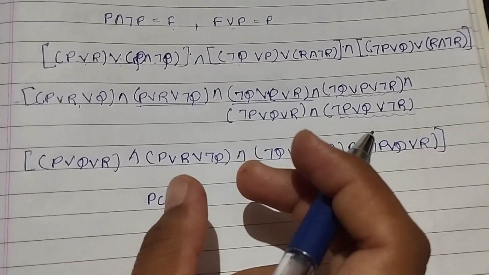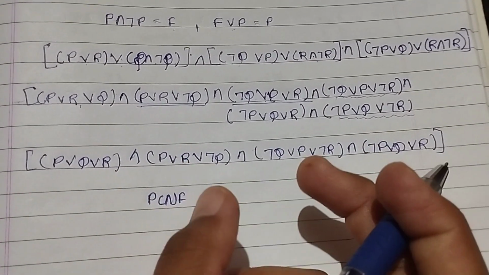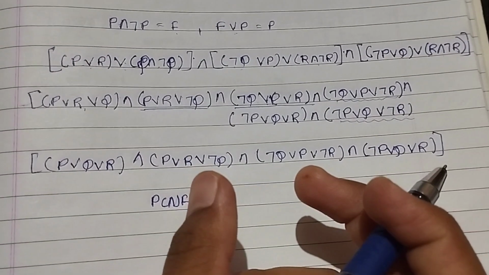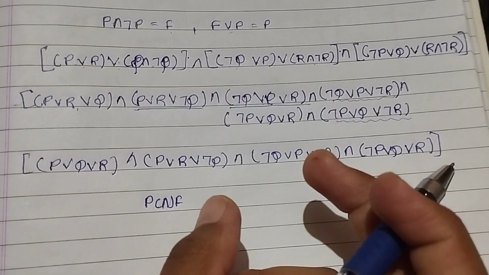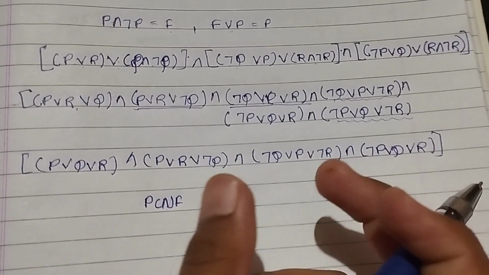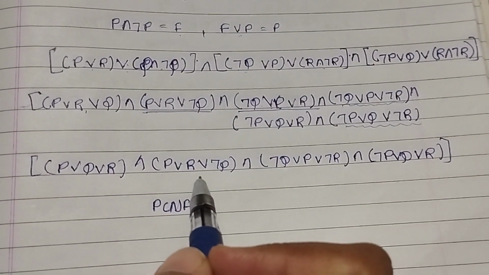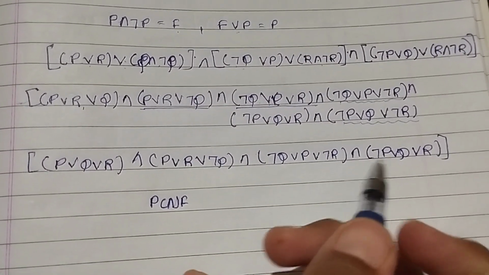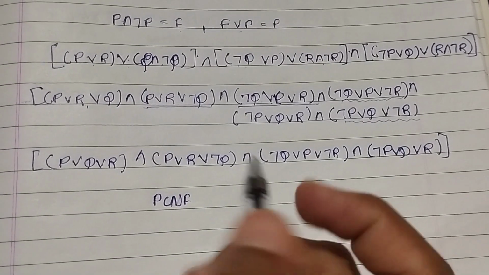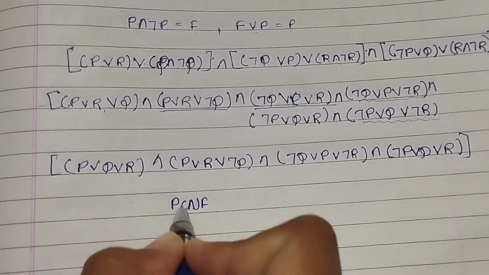If three variables are present, then each small bracket is formed with the three variables. If two variables are present, then each small bracket is formed with the two variables. Here three variables are present and each small bracket is also formed with the three variables. So this is our PCNF.